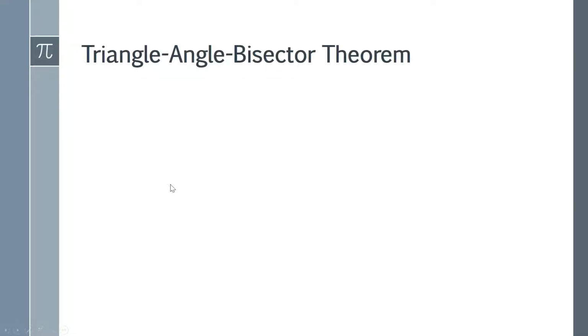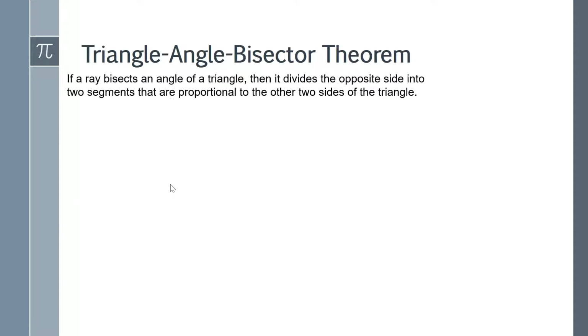So finally, we're going to look at the Triangle-Angle-Bisector Theorem. Let's look at what that says. So we've got a ray that bisects an angle of a triangle, and it's going to divide the opposite side into two segments that are proportional to the other two sides. So what does this look like? Here's our triangle. This is an angle bisector. You can see it's marked with the angle bisector here. So these two sections will be proportional to these two sides. So this over this will equal this over this.